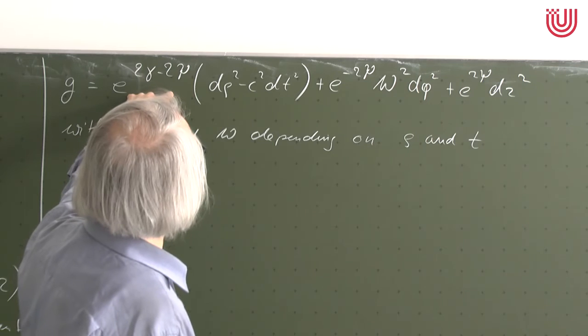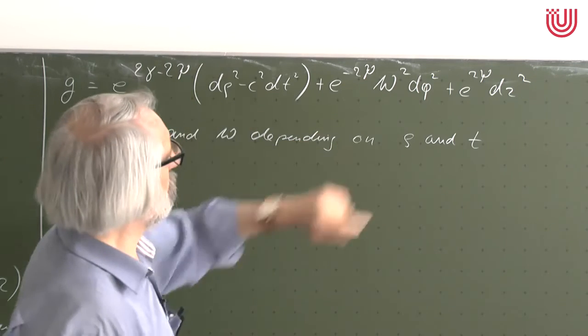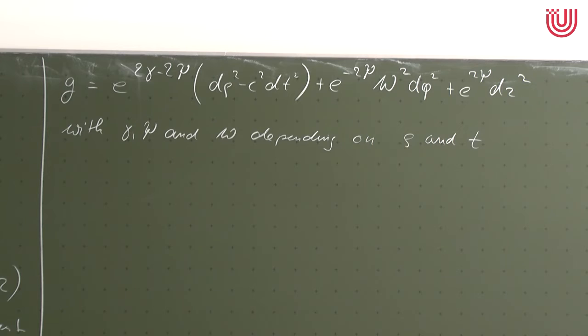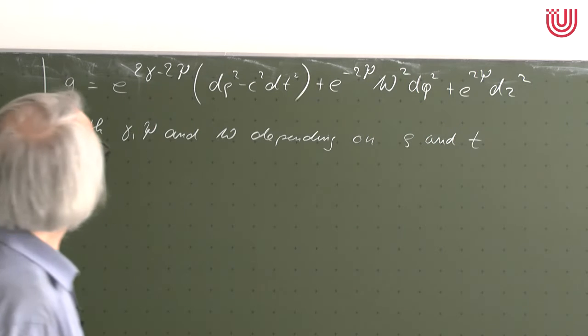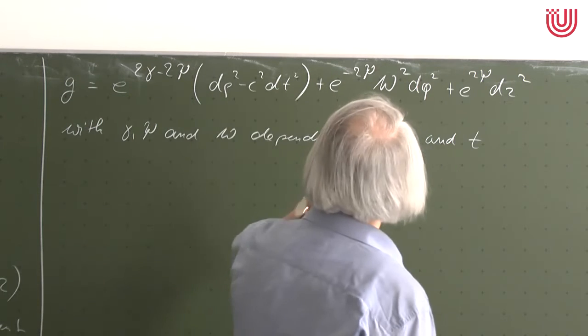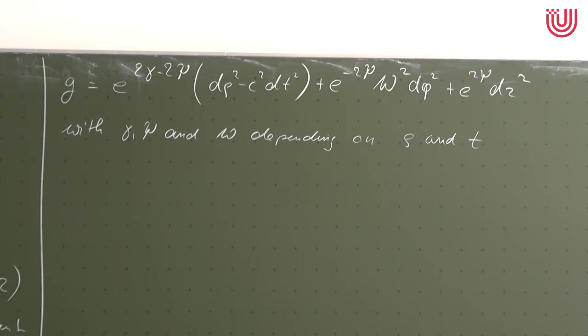What is still left? Cross terms which involve a z. And what Weyl had shown was that they can be killed by an appropriate coordinate transformation. I will not do this here in detail. So this is really the general form of a metric with the required symmetries.